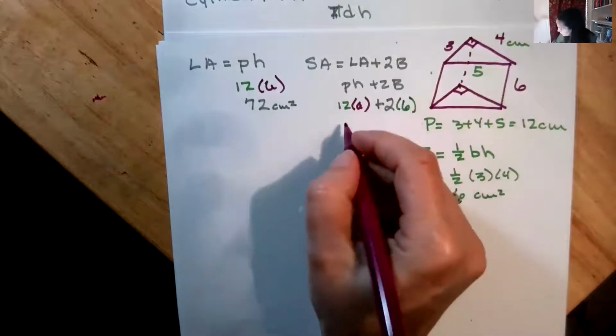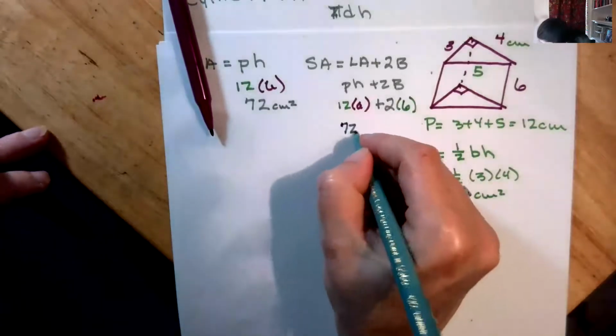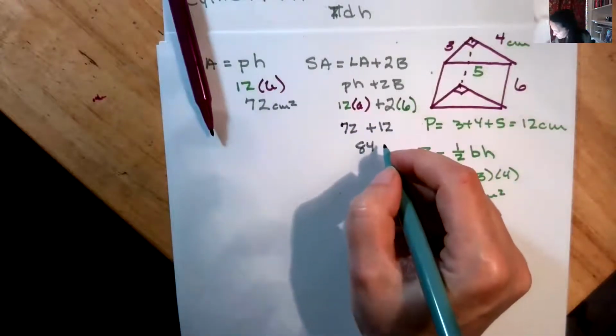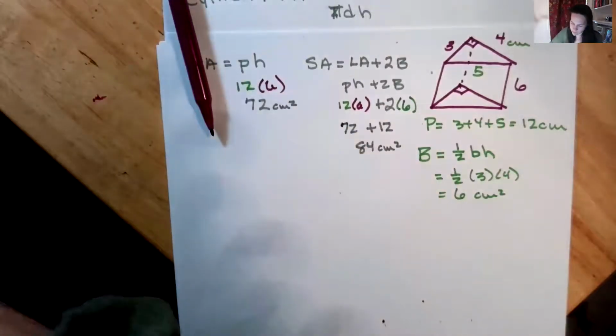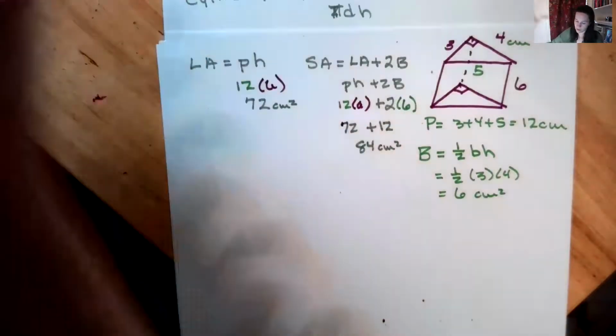Okay, so I have 72 plus 12 is 84 centimeters squared. Okay, so that's how to find the surface area of a prism.